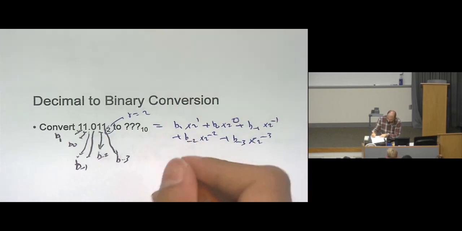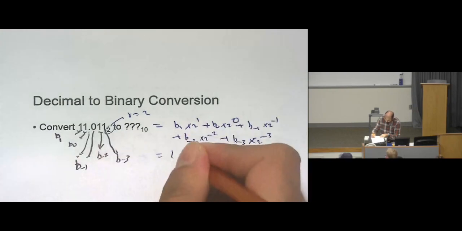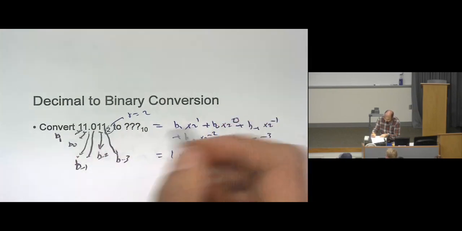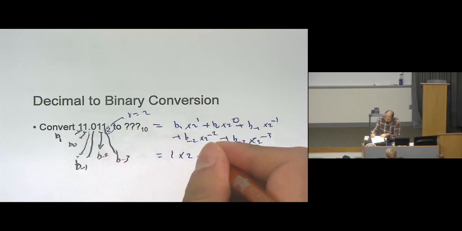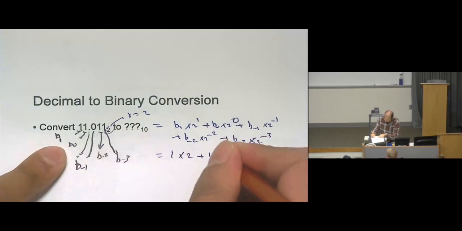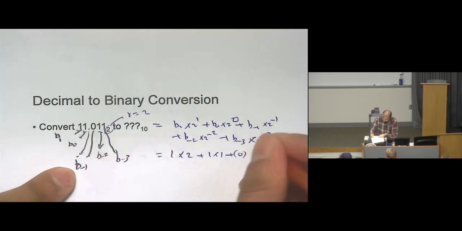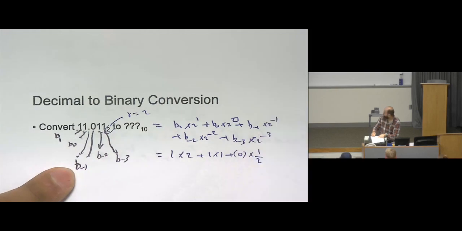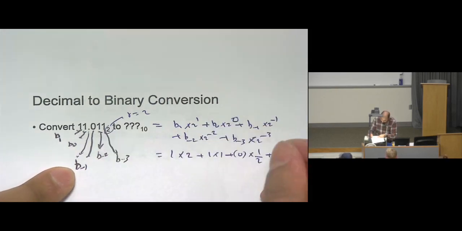So B1 equals 1, times 2 power 1, which is 2. B0 is 1, and 2 power 0 is 1. Then plus B-1, which is 0, times 2 power -1, which is 1/2. Plus B-2, which is 1, times 2 power -2, which is 1/4.